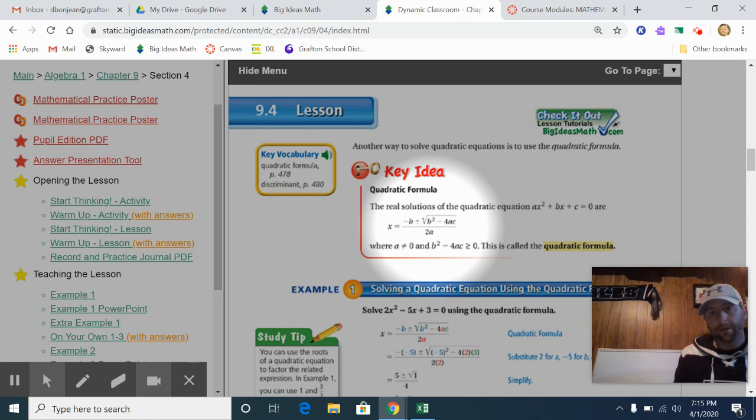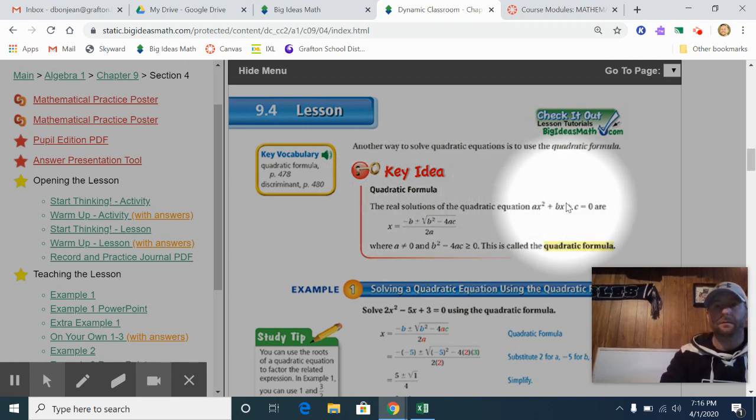Now this formula is a little complicated. It is x equals negative b plus or minus the square root of b squared minus 4 times a times c, and then we divide all of that by 2 times a. Now look at what form these equations are going to be in.